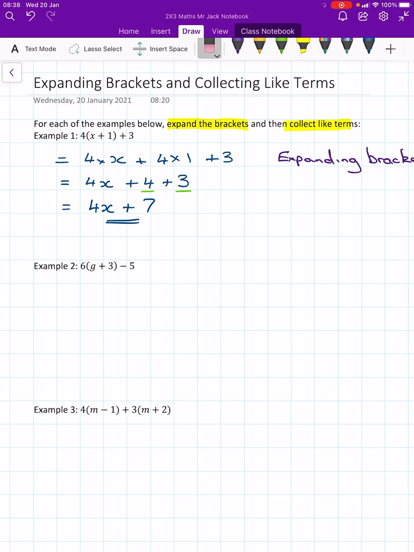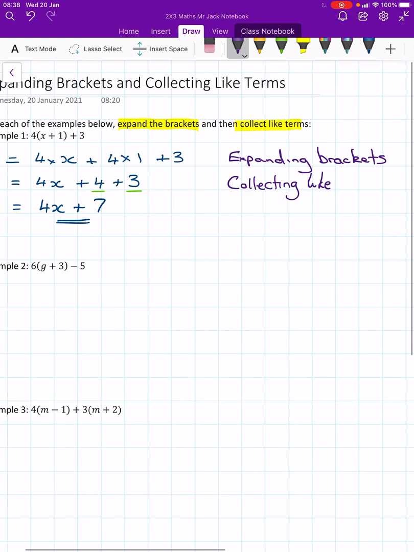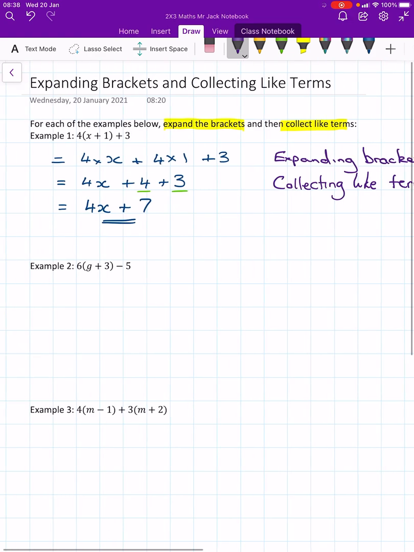Let's keep the language the same, shall we? Collecting like terms. Alright, so 2 stages, and then obviously we have our final answer on the bottom line. So that's the 3 steps that I've taken to solving that problem, if you like.